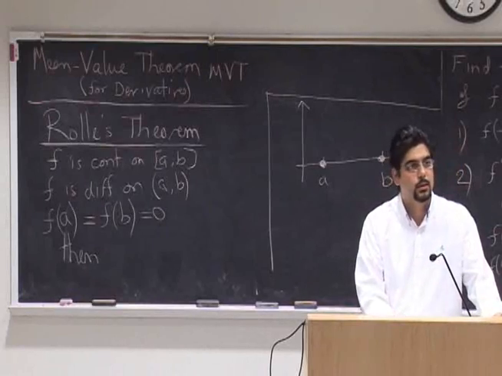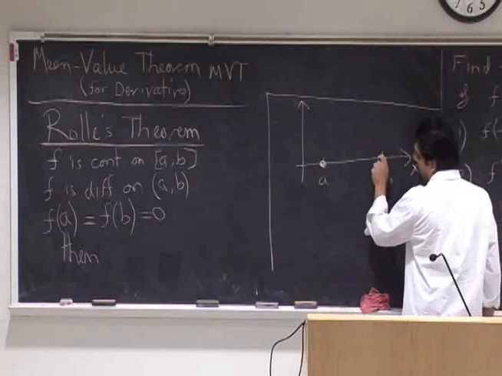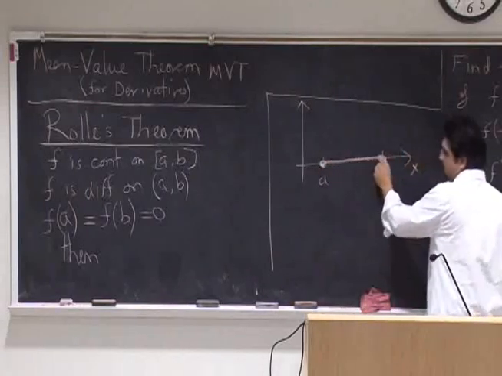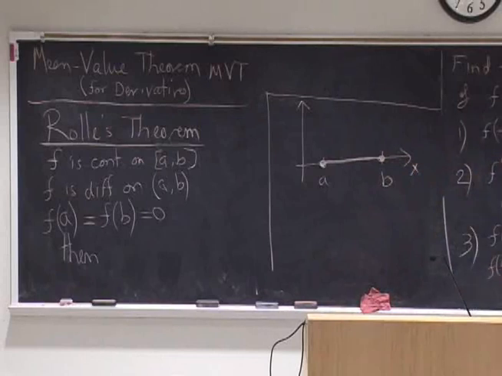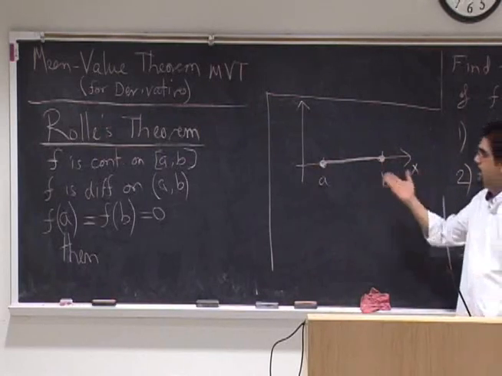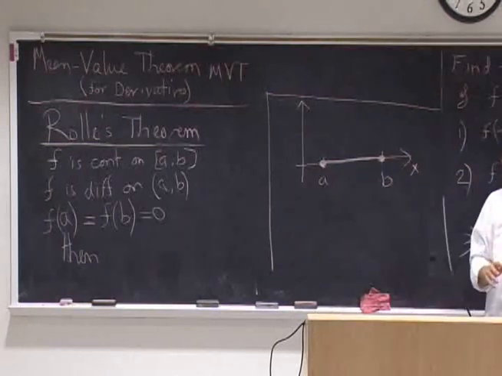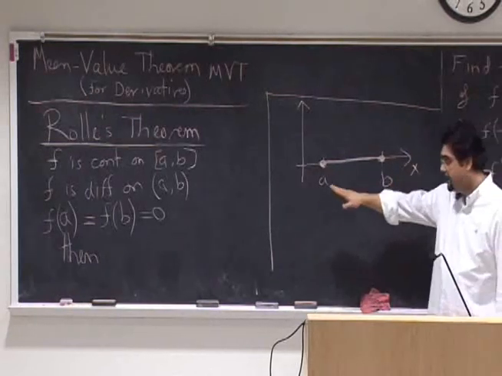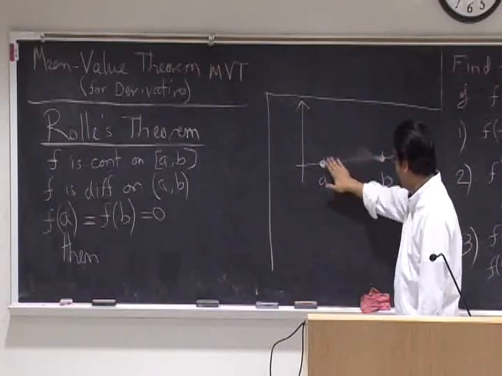Does that make sense? Okay, the boring function you can draw that connects a and b is this function that's constant. That's continuous, that's differentiable, f(a) equals f(b) equals 0, that's fine. That's pretty boring, although the conclusion of the theorem handles that possibility as well.